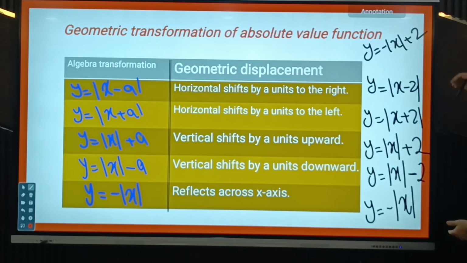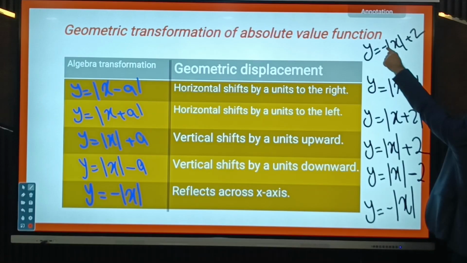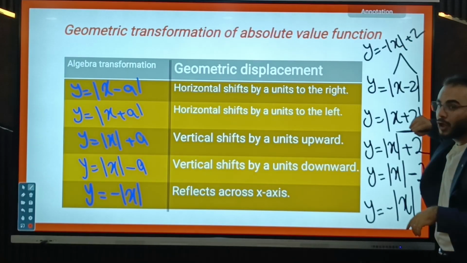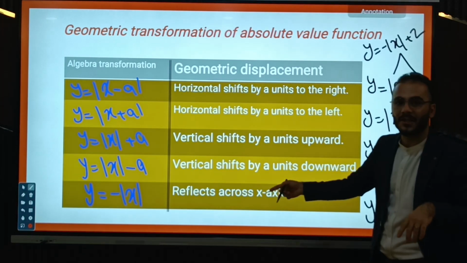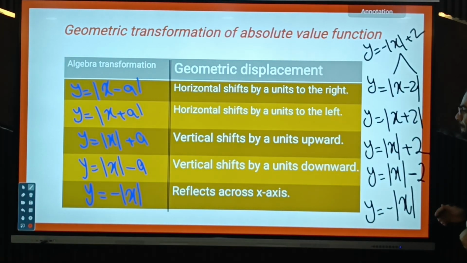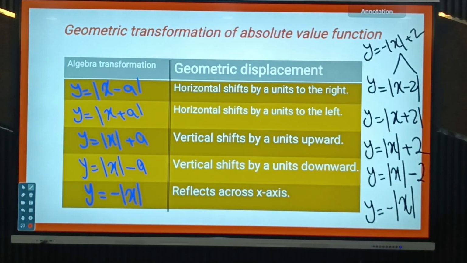Since there was a negative behind that absolute value, the graph was reflected across the x-axis. It was open down. Perfect. That is regarding the geometric transformations of the absolute value function.